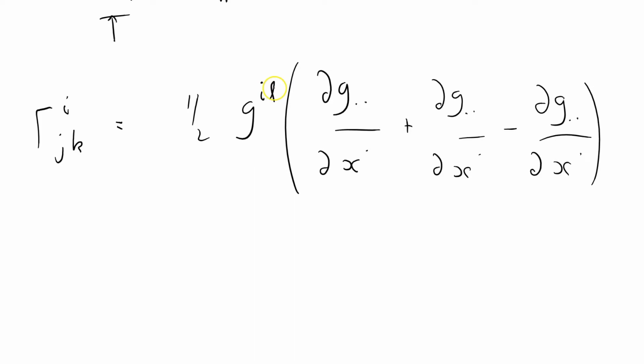So the summation index l goes once in the first slot, once in the second slot, and once downstairs there. What have I got left? I've got a j and a k. It's got to be a j and a k, and a j, and a j and a k, always using the fact that the metric tensor is symmetric.